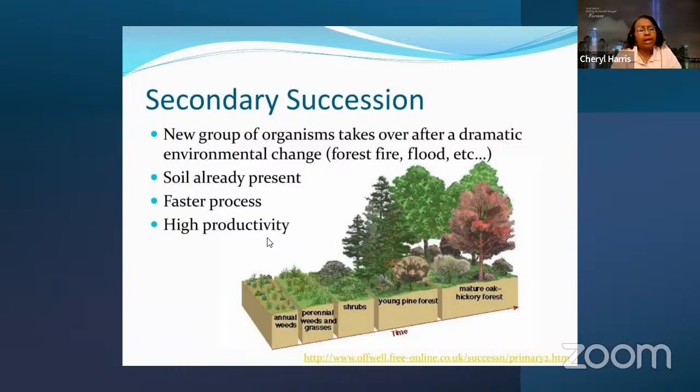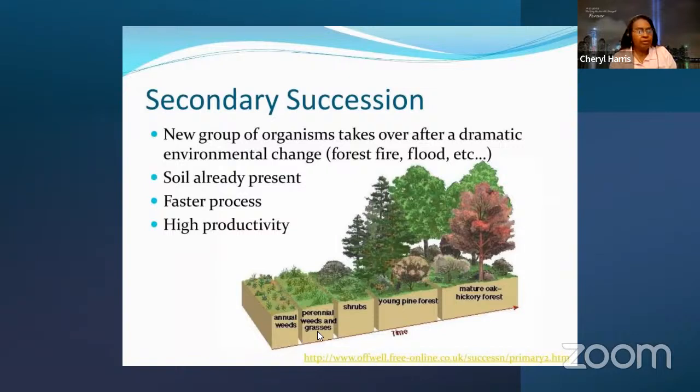All right, so again, there's already soil present, so we're not trying to create soil, but the disaster more than likely took the top vegetation away. So this again takes time. Instead of starting with lichens and mosses, you're starting with smaller plants that can grow some roots.